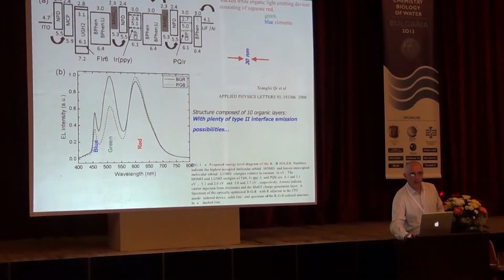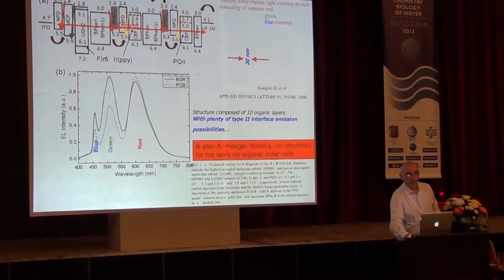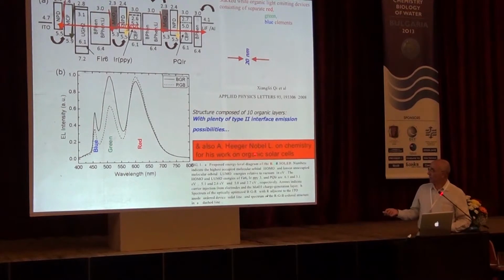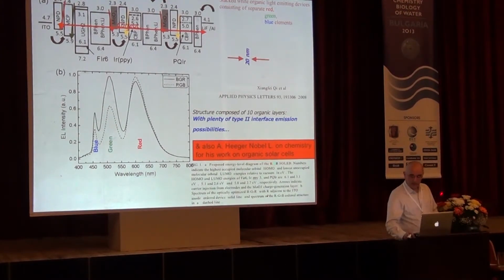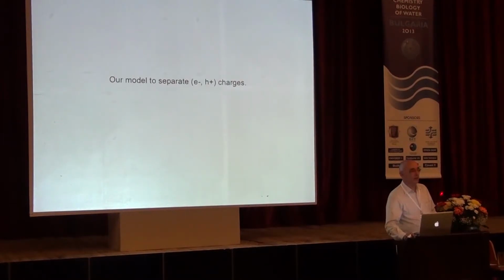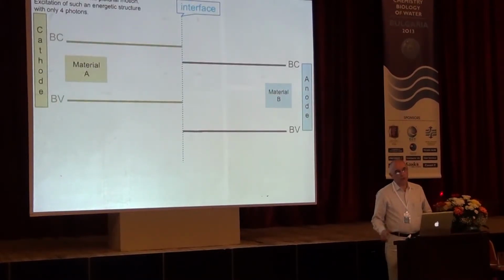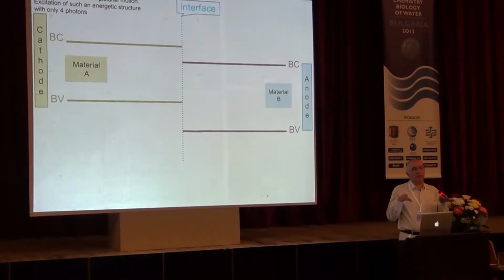And these colors come from the interfaces. And the same result for separating charges is the work by Professor Rieger, who constructed many solar cells using this band gap engineering process.